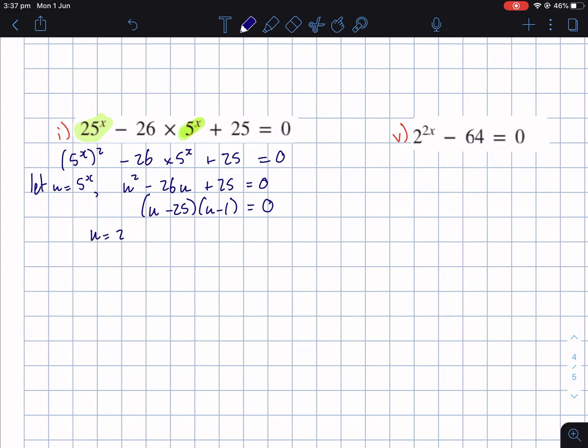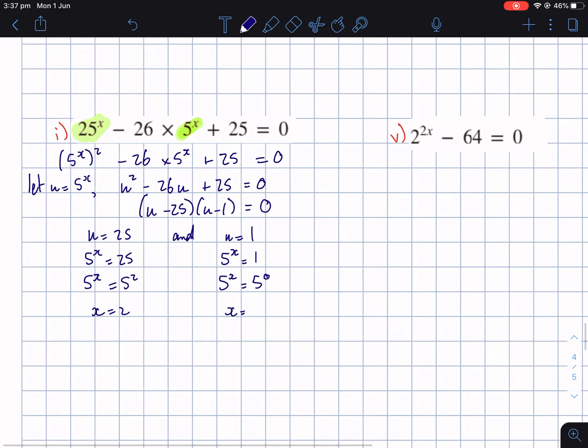So u equals 25 and u equals 1, which means 5 to the x equals 25, 5 to the x equals 1. These are both pretty simple to solve because 5 to the x equals 5 squared, x equals 2. 5 to the x equals 5 to the 0, because remember anything to the power 0 is 1. So x equals 0. So there are two solutions.